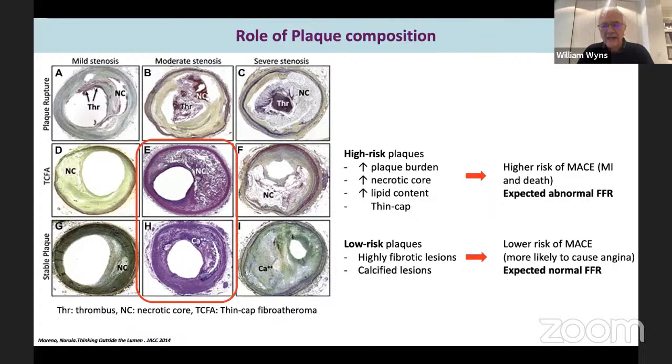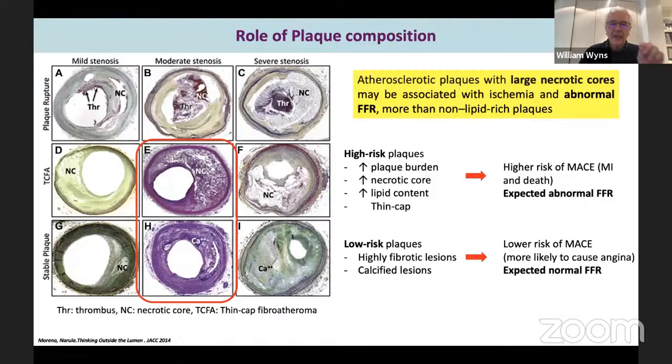That was my idea. Now, if we want to describe what's out there in the literature, we have to admit that a number of colleagues have described an interaction between the FFR and the plaque composition, particularly Dr. Narula. They have data suggesting that if you have a large necrotic core, for the same stenosis severity, you might actually have a more abnormal FFR than with fibrotic plaques.